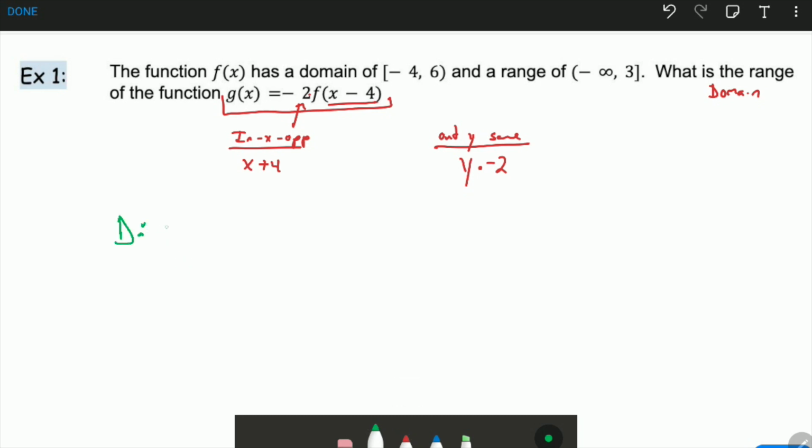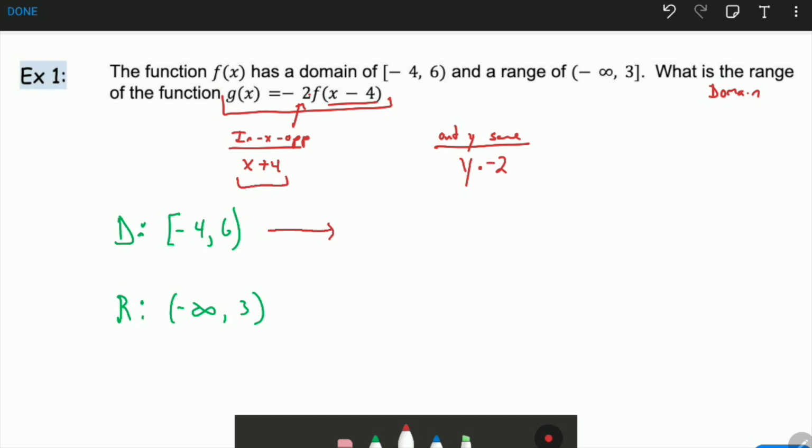So currently the domain is -4 to 6, -4 being included, and the range is -infinity to 3. However, we can apply transformations to this to figure out the new transformed range. Starting with x, our rule is x plus 4.